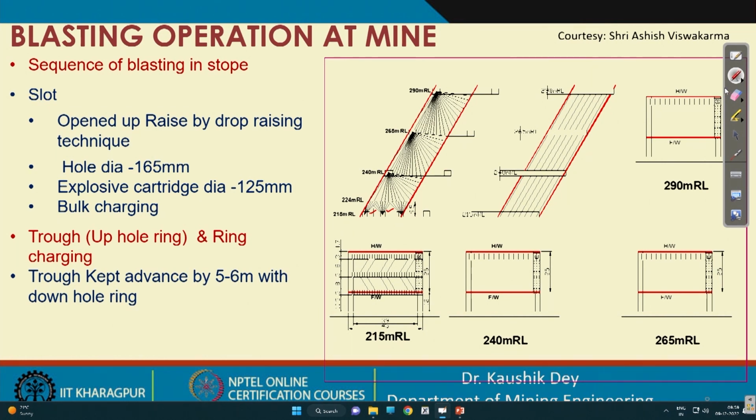So, from this draw level, this material is being removed, and after creating this one, this is in a very safe condition. We go for main ring blasting at this particular position, and these ring holes are drilled and this is blasted. This is allowing the one slice of material to drop down here.